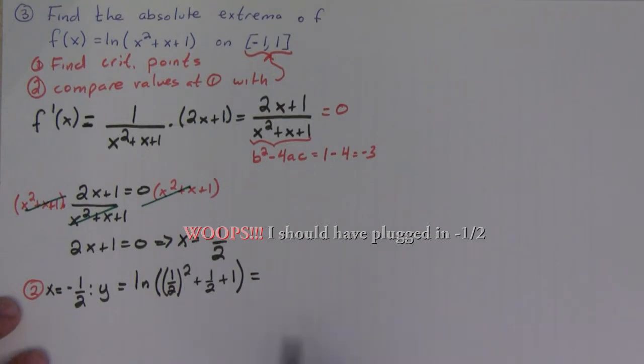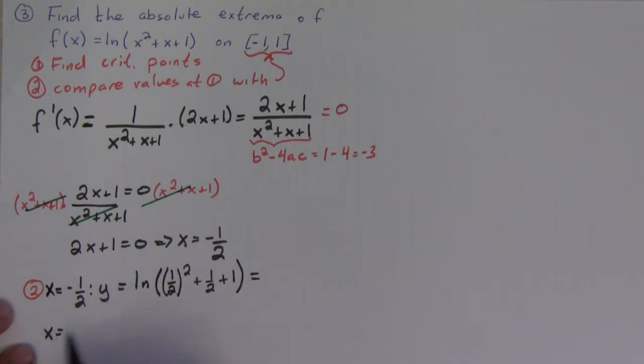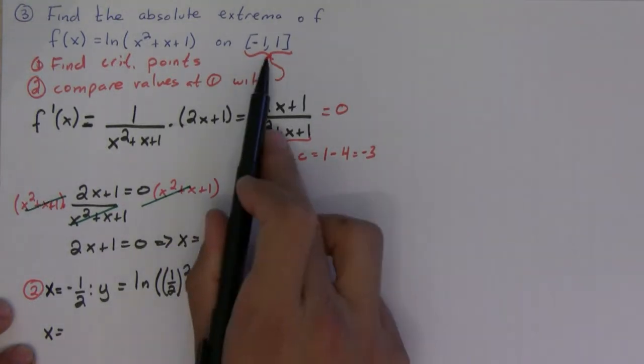And for this we're going to have to approximate it with a calculator. So we'll leave that for a tiny bit. But then we're also going to plug in our endpoints.